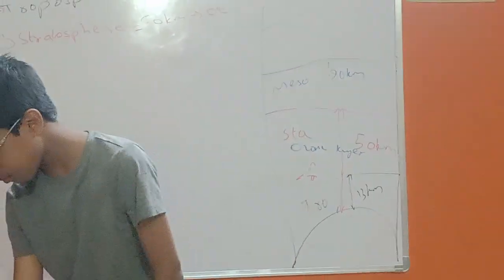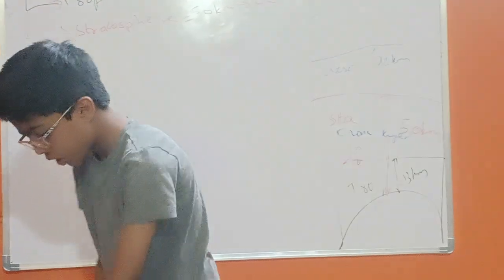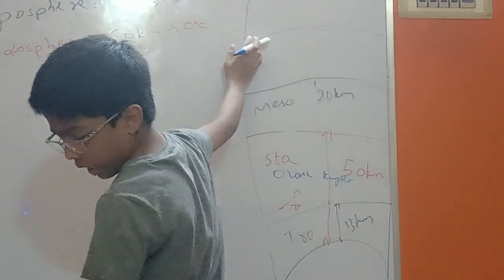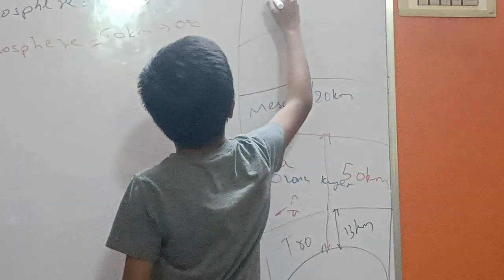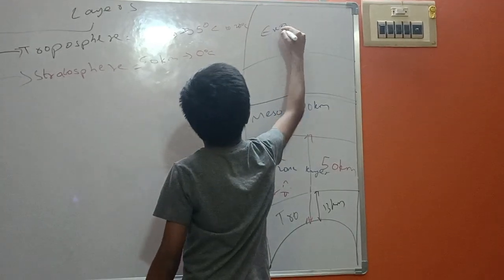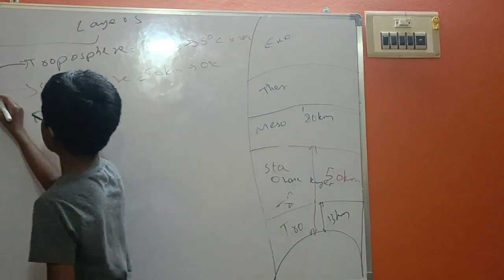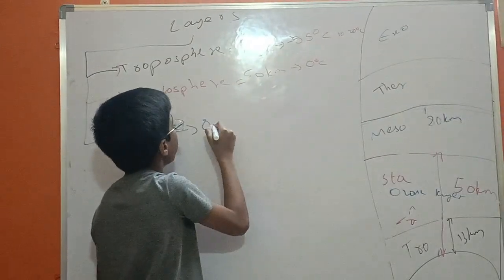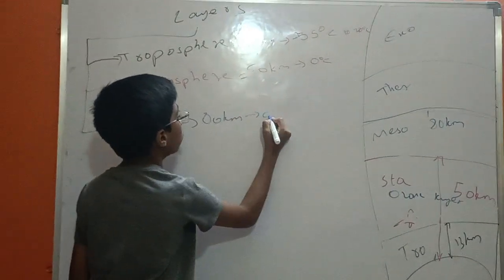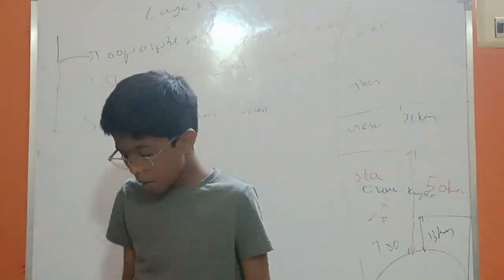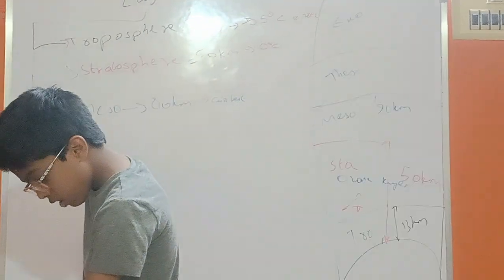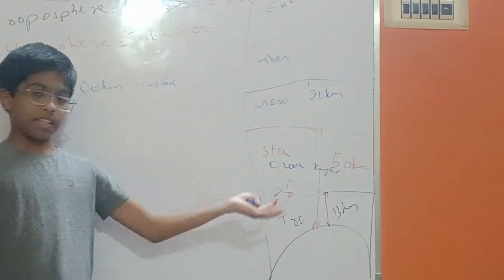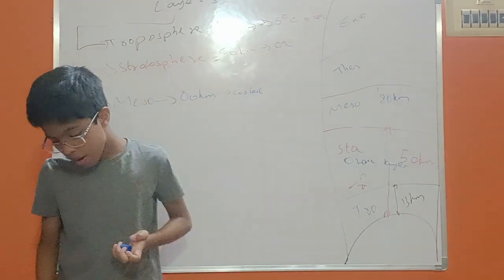Next. This is the coolest area among the troposphere, stratosphere, thermosphere and exosphere. The mesosphere is the coolest. When meteorites are falling towards the earth, in this area they burn, they catch fire in the mesosphere.